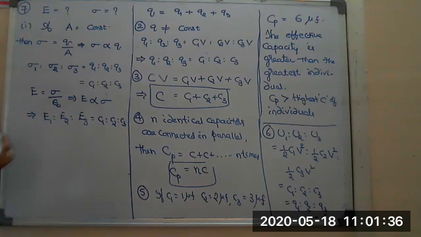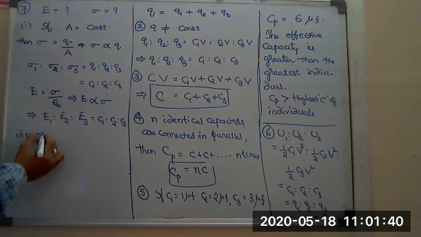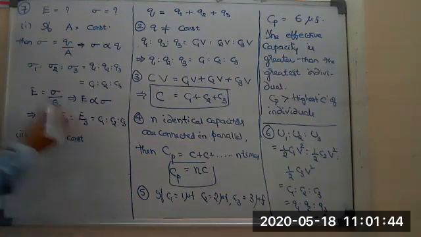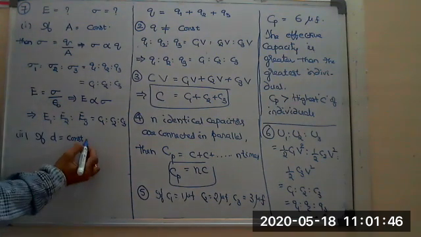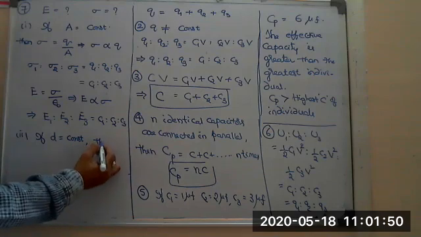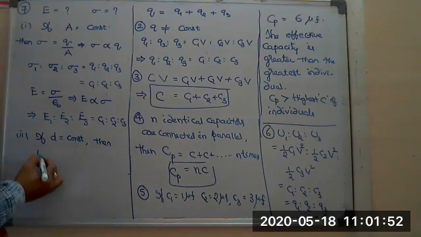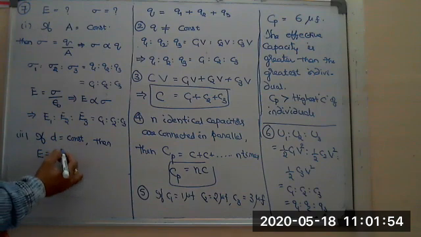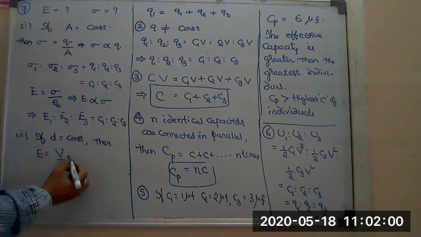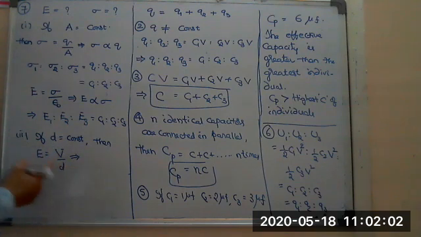And the second condition, if D is constant, the distance between the plates is constant. Then what can we write? I go to the formula E is equal to V by D. In parallel, V is constant.